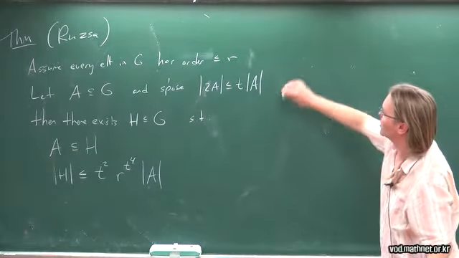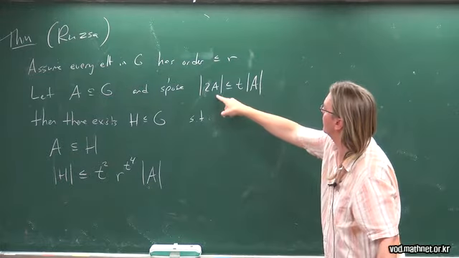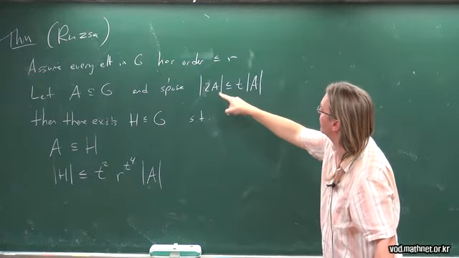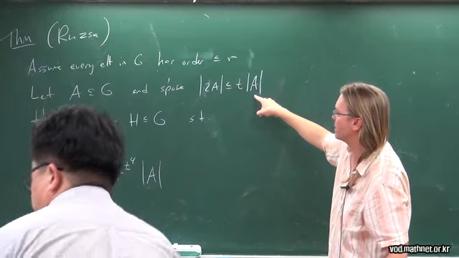That's much better. Okay, so you have a set with this small doubling. When you add A to itself, the size of this new set is at most T times the size of the original.